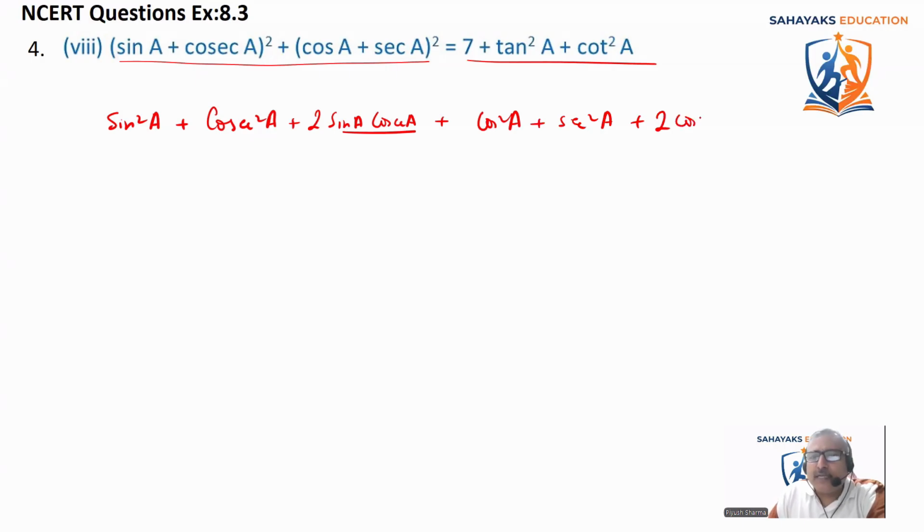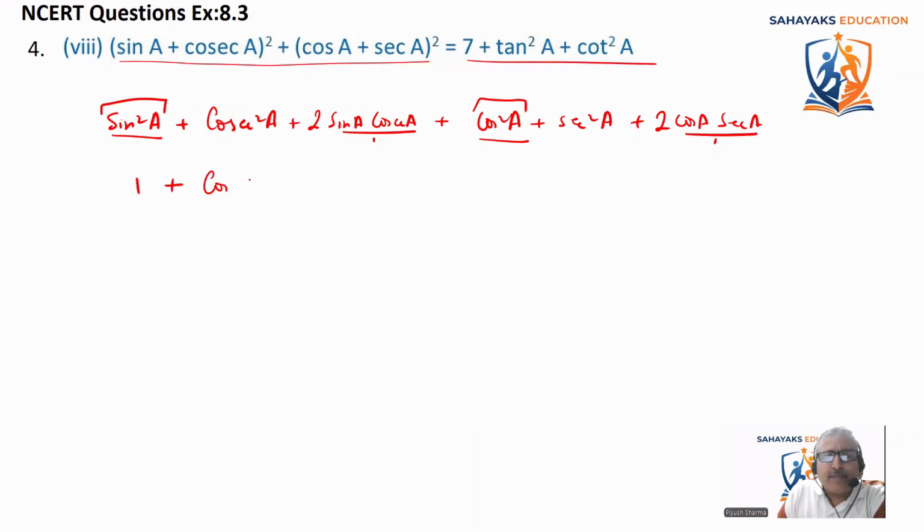So this part will be 1. This is equal to 1. This is also equal to 1. So I can write it as, see, sin square A plus cos square A. Sin square A plus cos square A is 1. So this value plus this value is equal to 1. Now, okay, I'll write 1 plus cosec square A plus 2 plus sec square A plus 2.